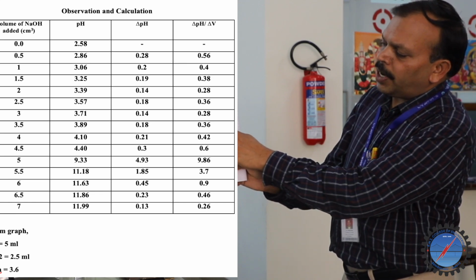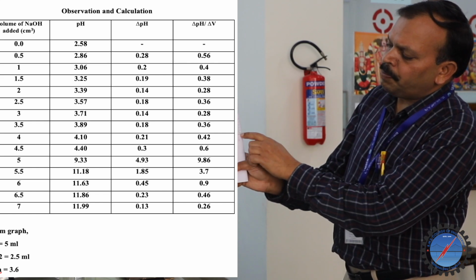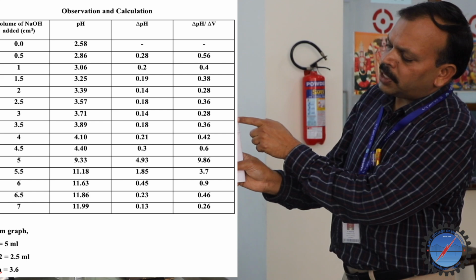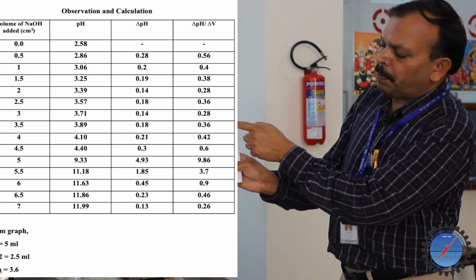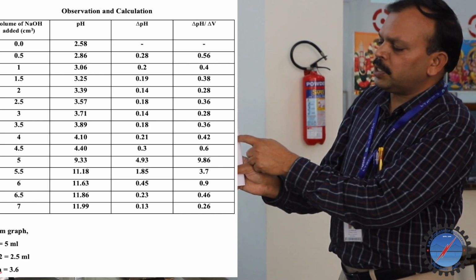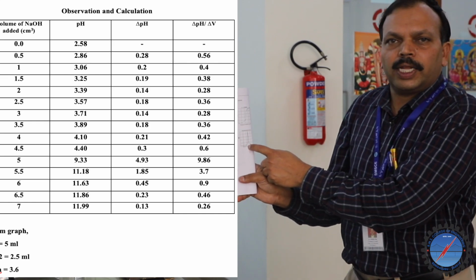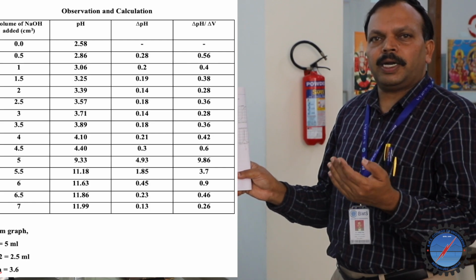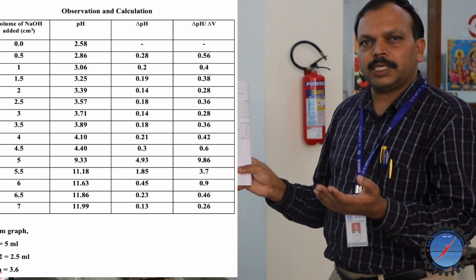From the tabulated delta pH by delta V values in the second graph, from the apex of the bell we draw a perpendicular to the x-axis. That volume gives the sodium hydroxide equivalence point. The value may vary from experiment to experiment and acid to acid that we take for the determination of pKa.